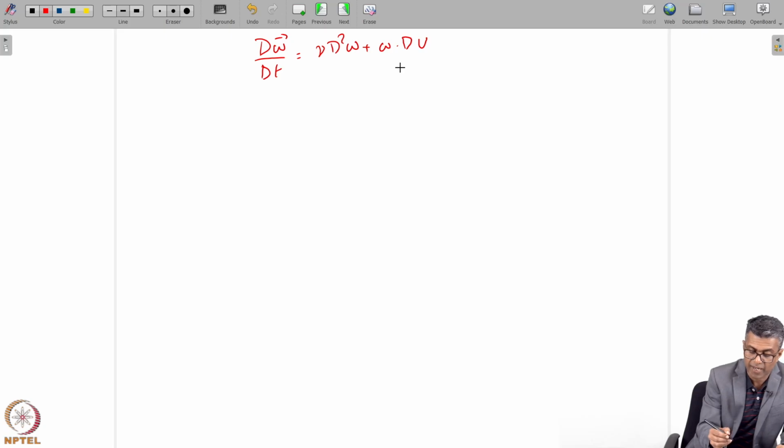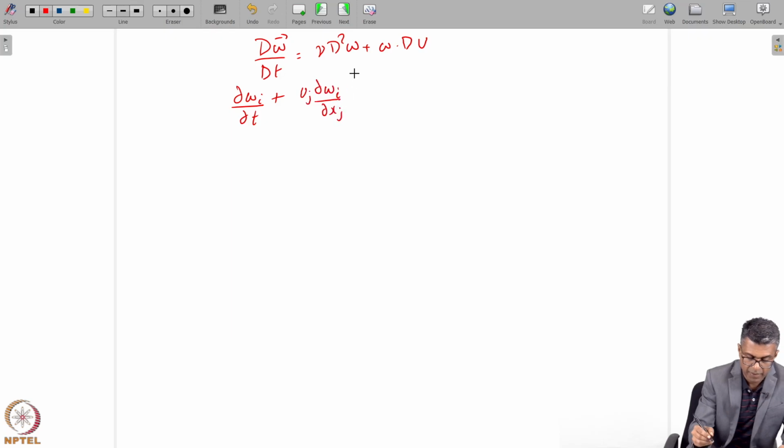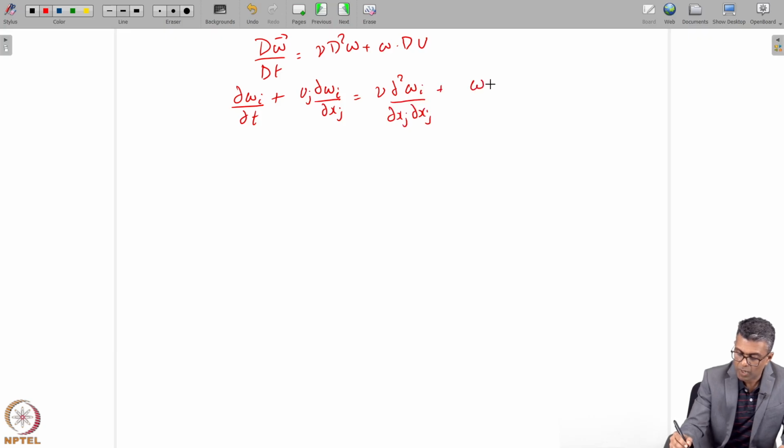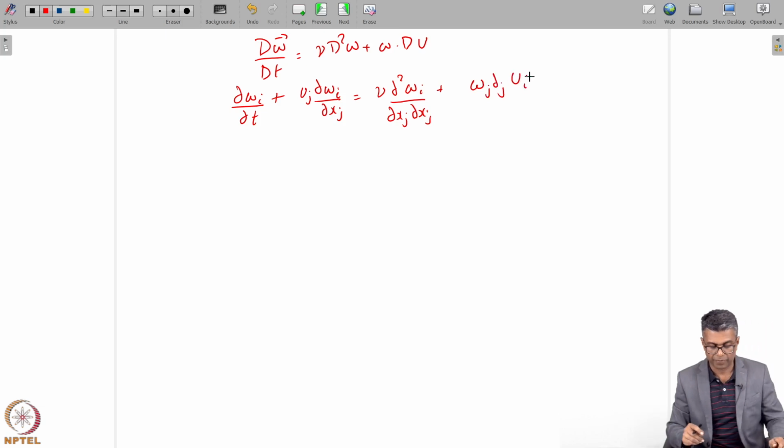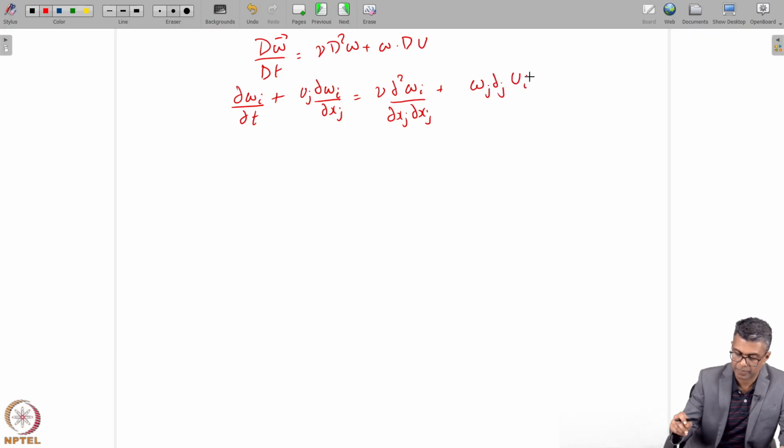Now if I write this in index notation, because that is going to be easier for me, I would have del omega i del t plus uj del omega i del xj equal to nu del squared omega i del xj del xj, and then here I would have omega dot del, so omega j del ui del xj, in the standard form.